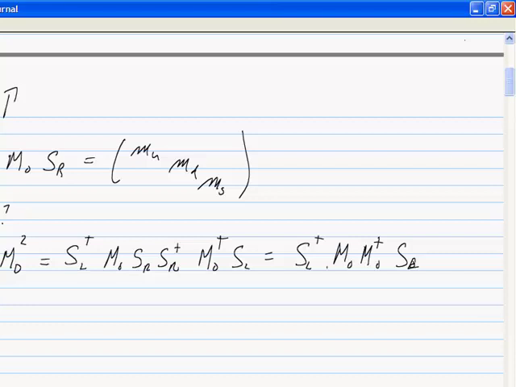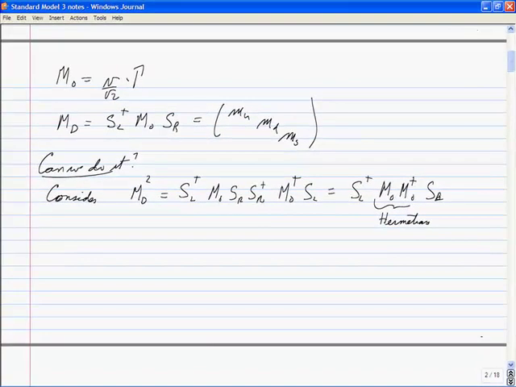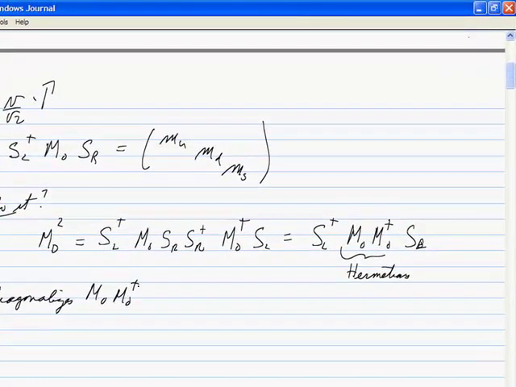Now we know that we can diagonalize this, it's now a Hermitian matrix, and so we know we can diagonalize that by unitary transformations. So S left diagonalizes M0 M0 dagger, which is a Hermitian matrix.